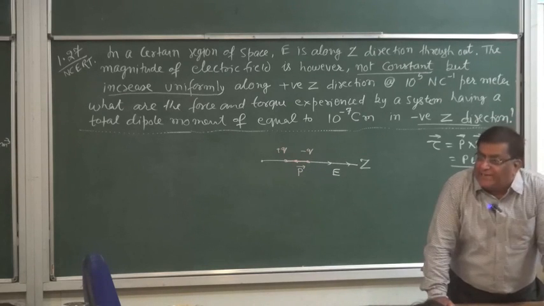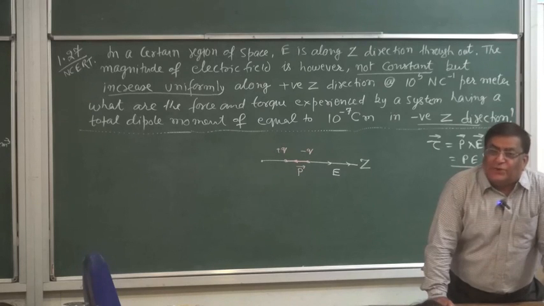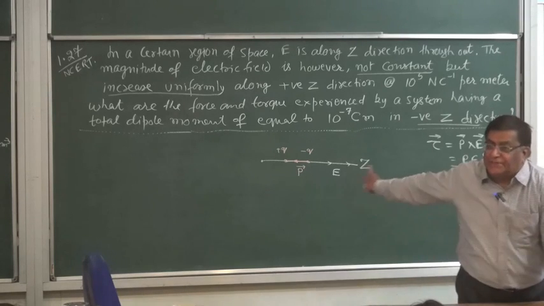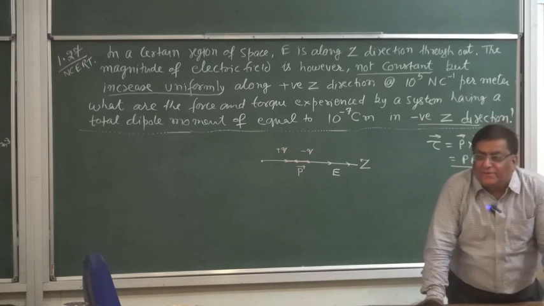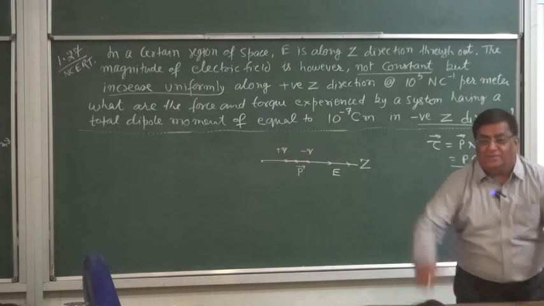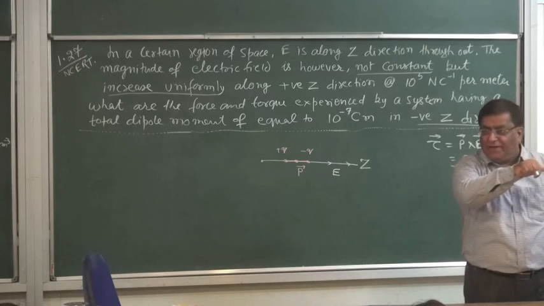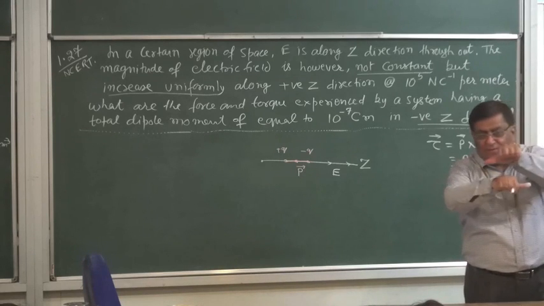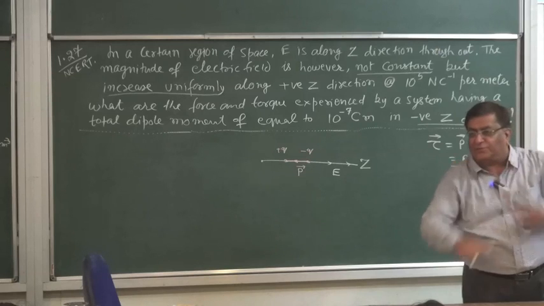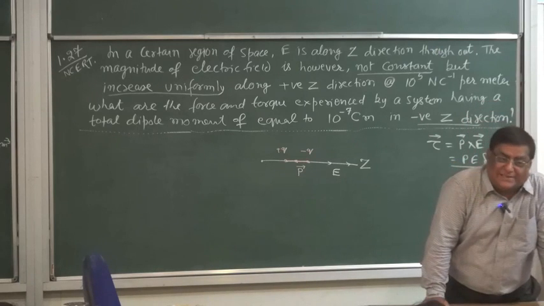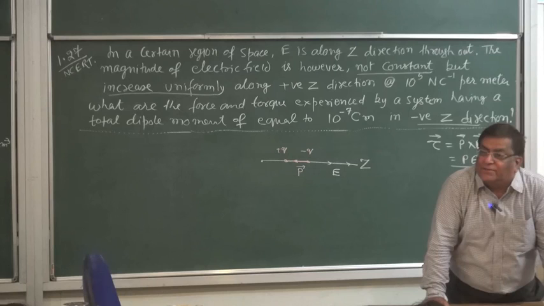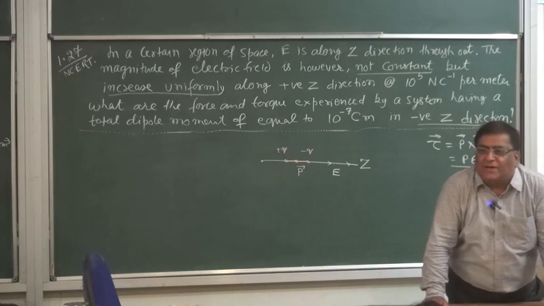So if theta is 180, again sin theta is 0. And now you tell me in your question, how much is theta? What is the direction of E? E इस तरफ है. And what is the direction of P? What is the angle between the two? 180 degree. Therefore, how much is the torque? 0. एक आंसर आ गया आपका.